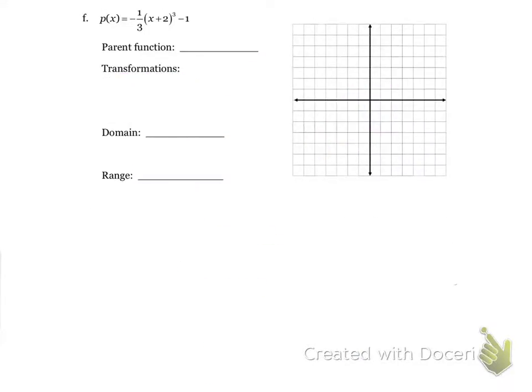Okay, last graph right here. The parent function is the cubic function. We have a lot going on with this one as well. We have a vertical reflection. We have a vertical compression.